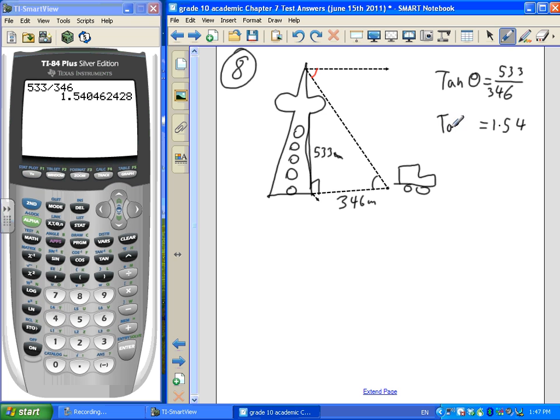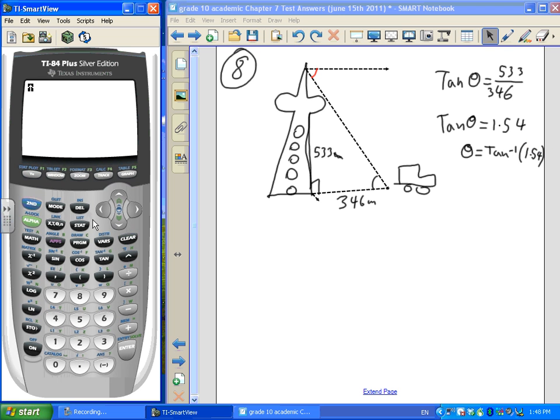And now to isolate for theta, we need to move tangent to the other side. When we do that, it becomes the inverse tan. So tangent to the power of -1, and then we plug in 1.54 into that equation. So we put second function tan, 1.54, equals, 57 degrees.